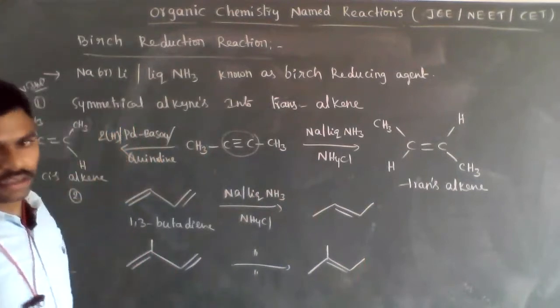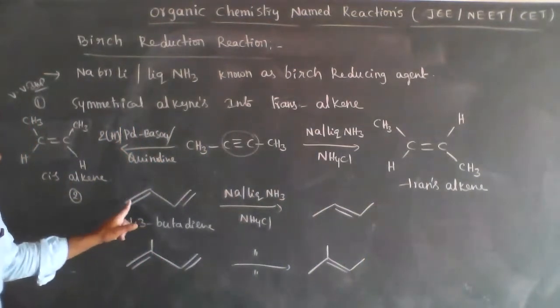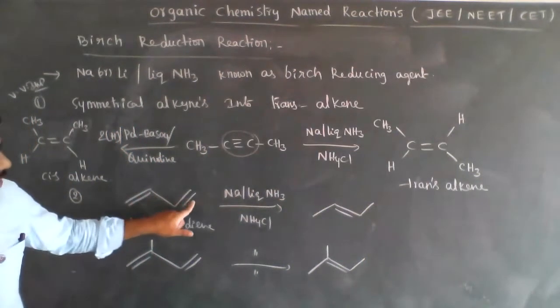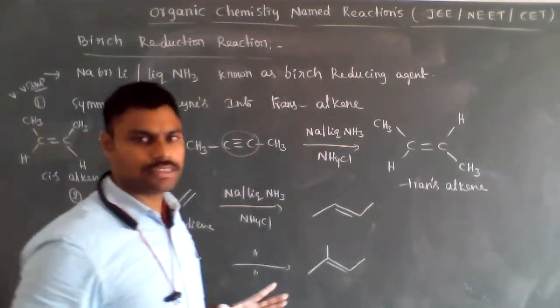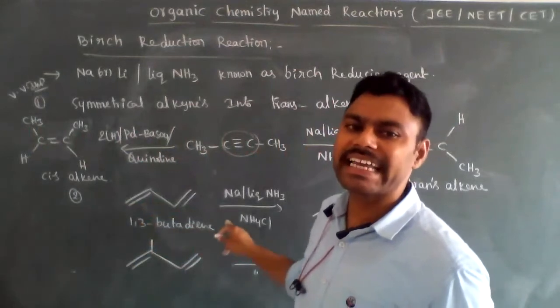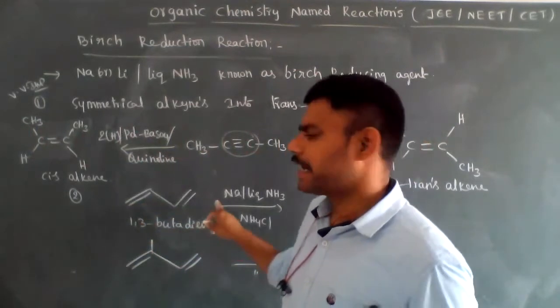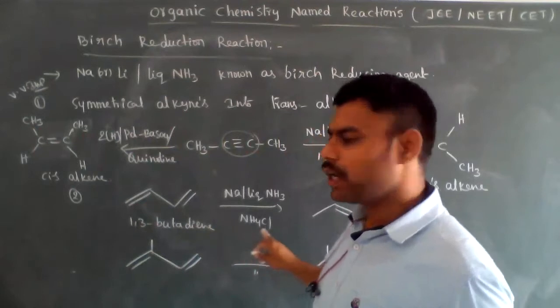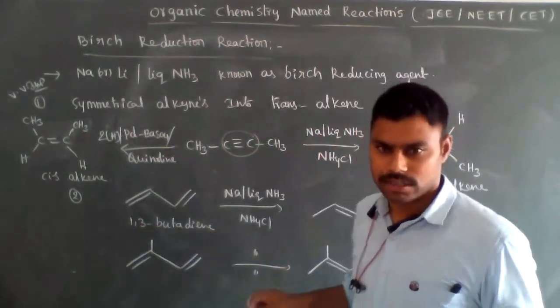Double bond, single bond, double bond: such double bonds are called conjugated double bonds, or conjugated dienes or conjugated trienes. They are converted into isolated double bonds.